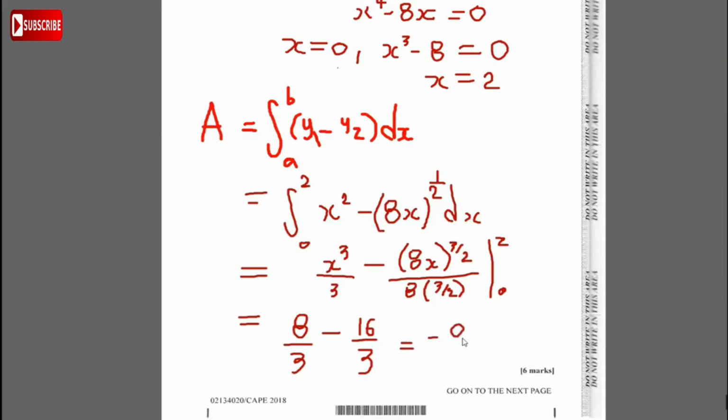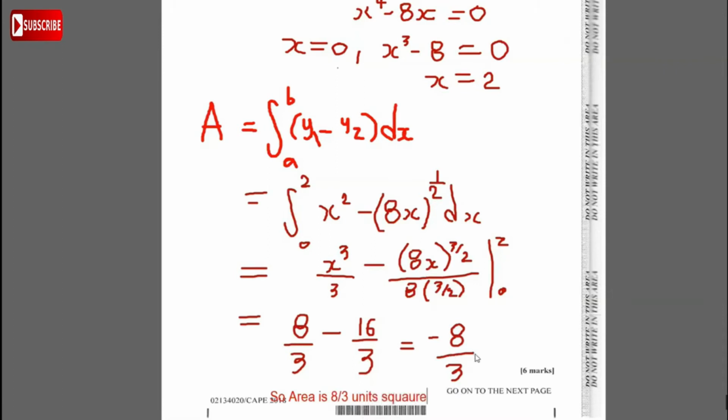But as you know, area is positive, and so the area is just 8 over 3. All right, and so the area is 8 over 3. Even though I get minus here, the area is positive. So the area is 8 over 3 units squared.